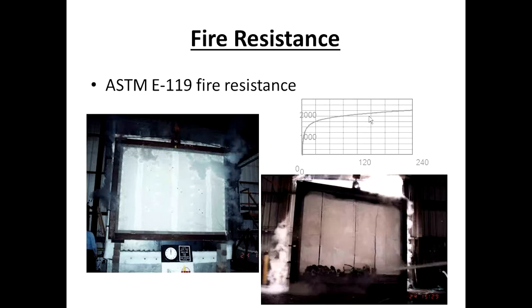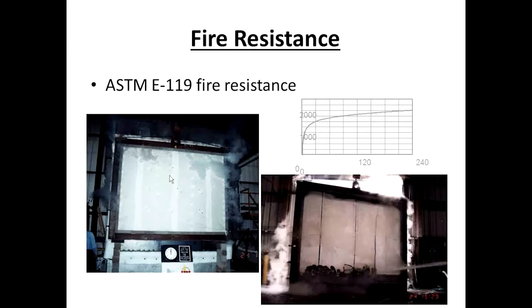But anyway, getting back on topic, we build the wall within the yoke, we clamp the wall in front of the furnace, and up here, see this chart? This chart is the control of the furnace, the temperatures within the furnace that are being subjected to the other side of this wall must follow what's called this time temperature curve. And on the horizontal, you're looking at time in minutes.